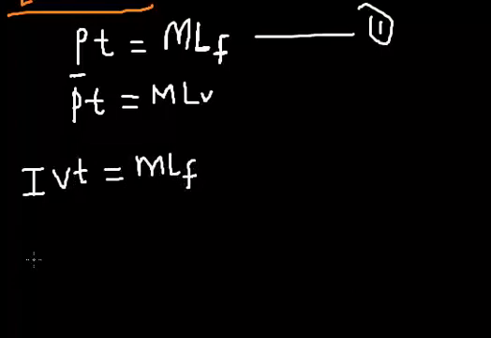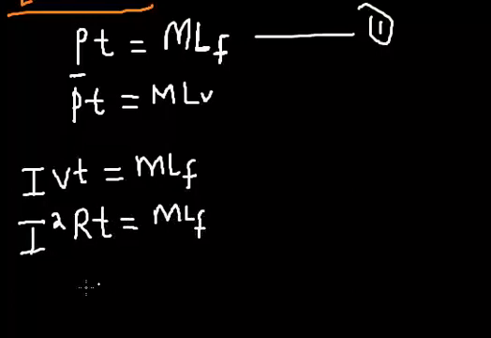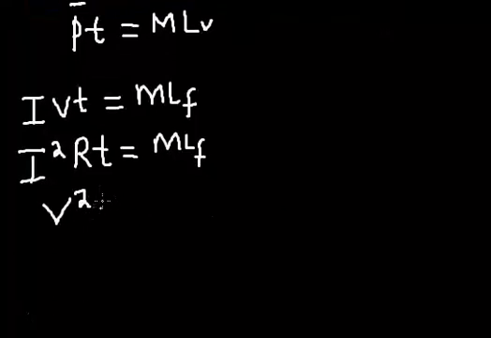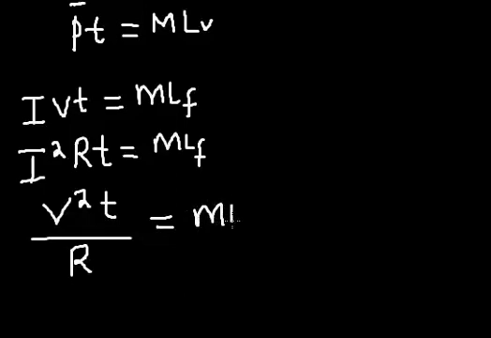You can also write it in terms of current squared multiplied by resistance times time. You can also write it in terms of V squared T all over R, still equal to MLF.